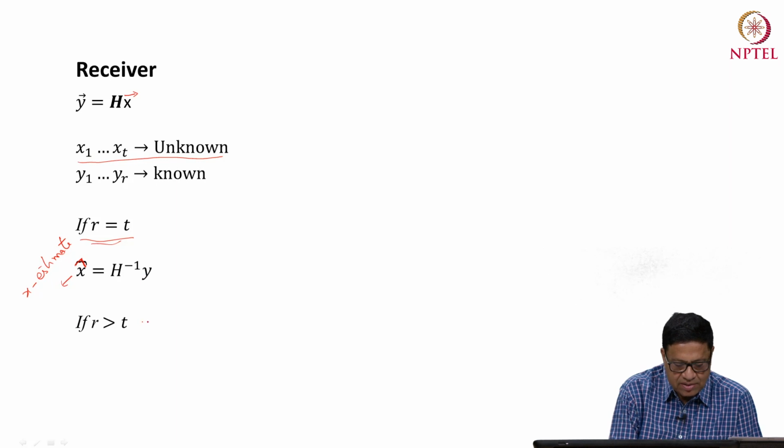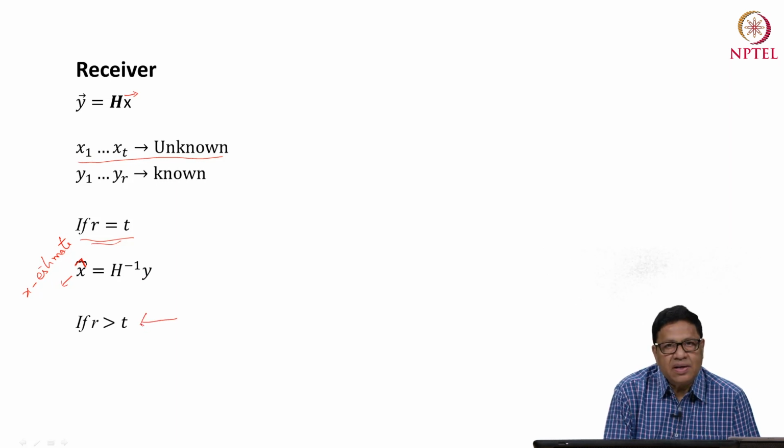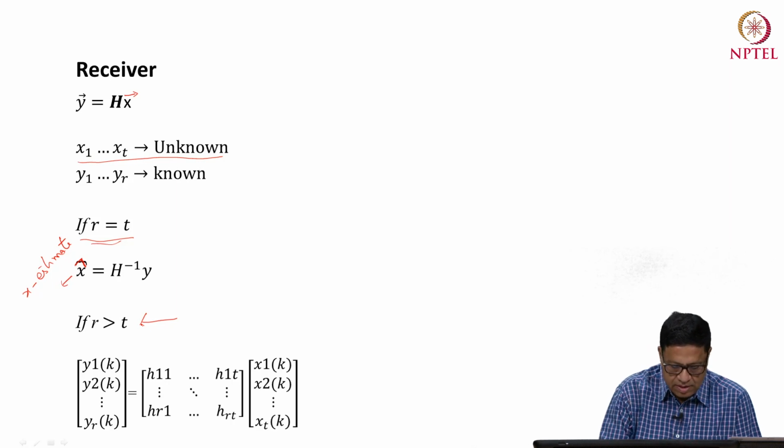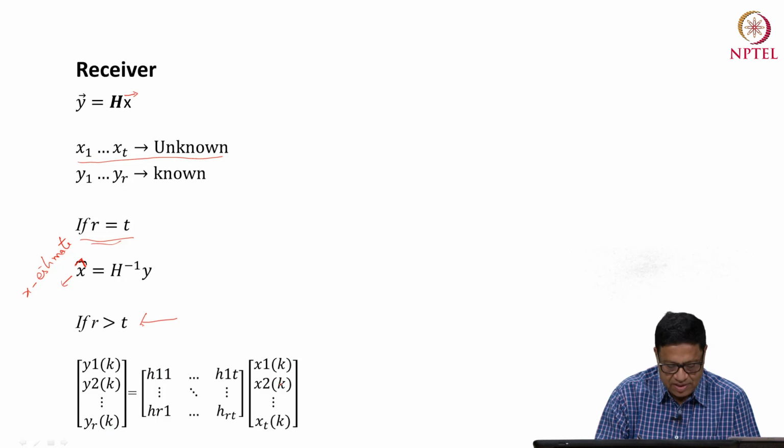But if R is greater than T, then we have something like this: y1k to yrk is the channel matrix times the data symbols x1k, x2k.